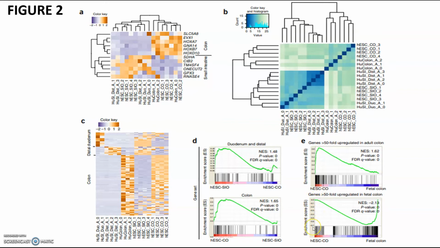So this just further identifies colonic organoids being more colon, or small intestinal organoids being more duodenum or distal, or small intestine. So this is figure 2, and now we'll move to figure 3.